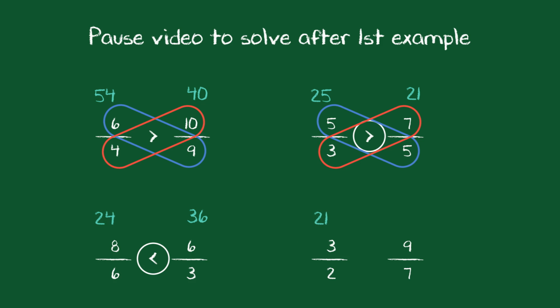Now, cross multiply the extremes. 2 times 9 equals 18, which represents 9/7. As we can clearly see, 21 is greater than 18, or 3/2 is greater than 9/7.